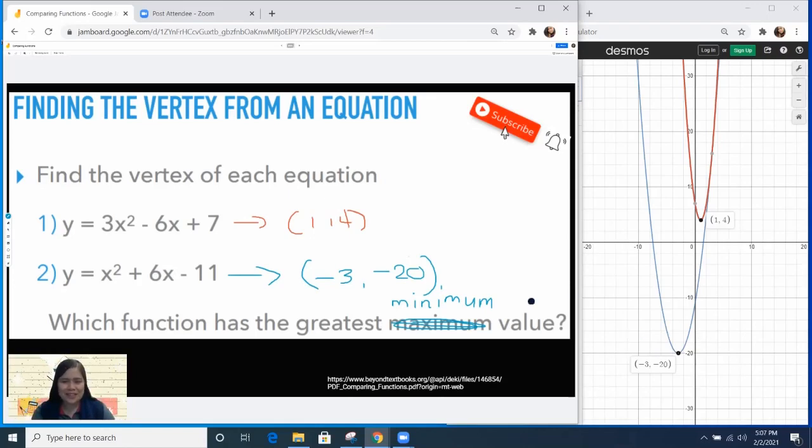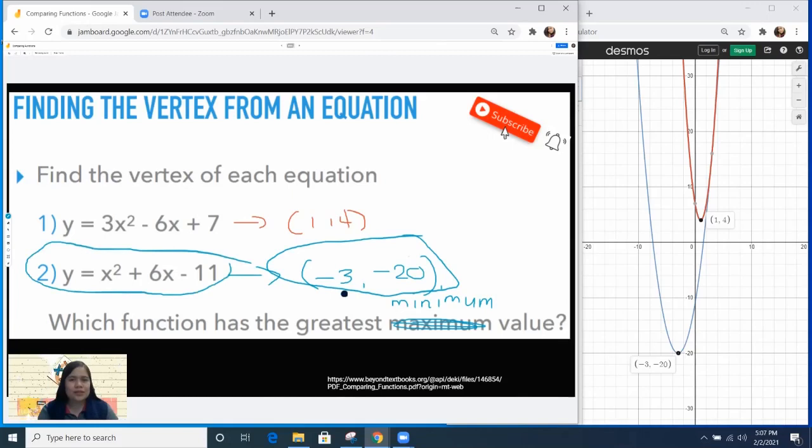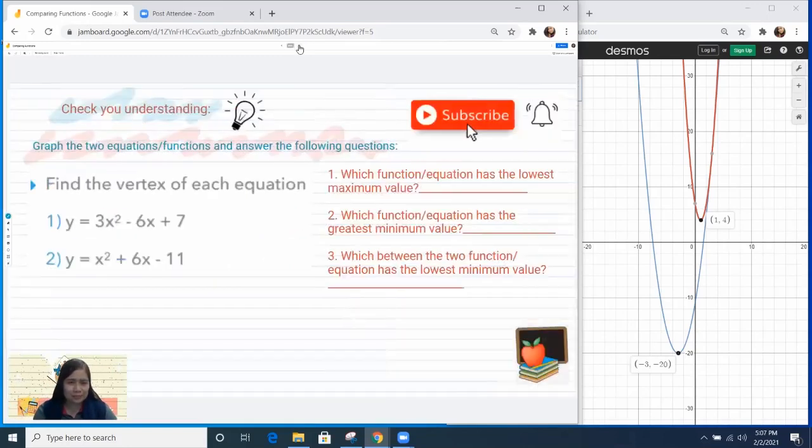So the blue function, this one, has the greatest minimum, greater than the first function. So the answer is equation number 2 because the minimum of equation number 2 is greater than the minimum of equation number 1. Does it make sense? Hope you are learning. Then we'll proceed to the next slide if there's no question.